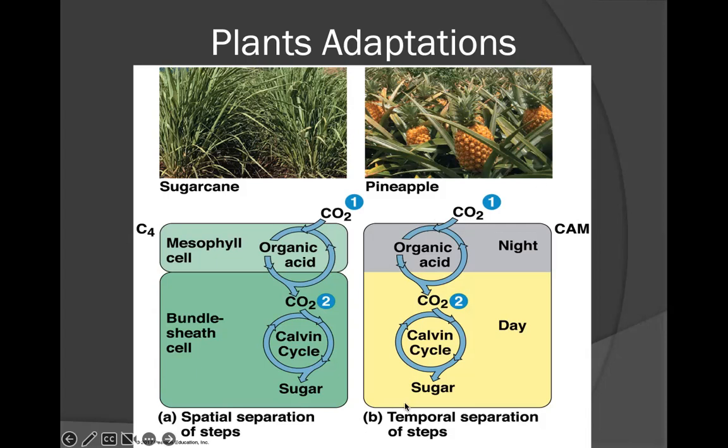Whereas with the pineapples, we have the temporal separation of steps. So while this is happening in different cells, this is happening at different parts of the day or night. During the nighttime, our pineapples are opening up their pores to allow carbon dioxide to come in, oxygen to go out. And then during the day, they're using that carbon dioxide for this Calvin cycle. Whereas for sugarcanes, this is again happening in different cells. So in this way, our pineapples are kind of acting like our cacti did.